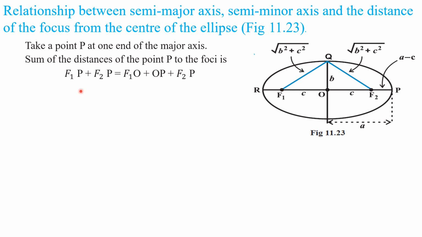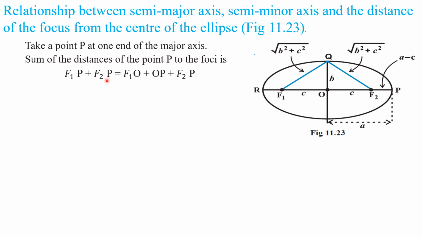That is equal to F1P. See this figure: F1P can be written as F1O plus OP. The sum of these two line segments gives F1P. So we have written F1P as F1O plus OP. Understood these two terms, my children?